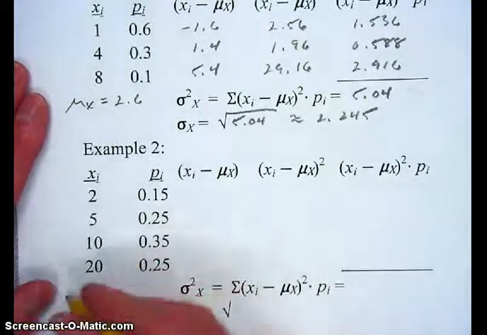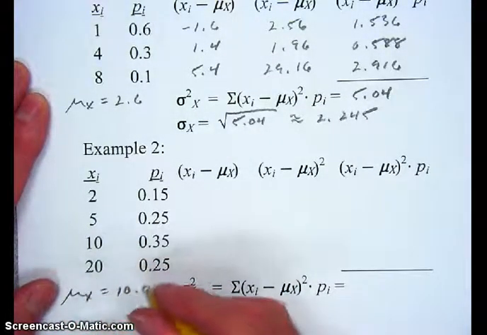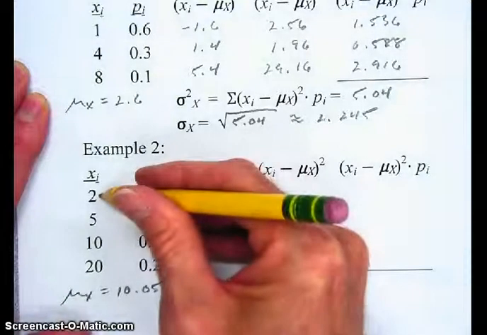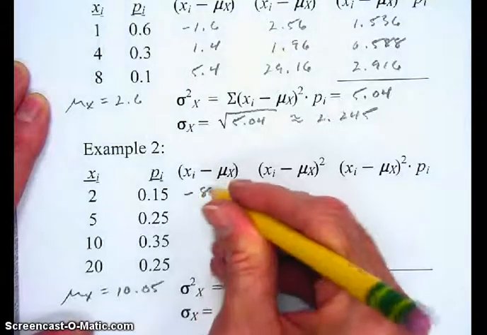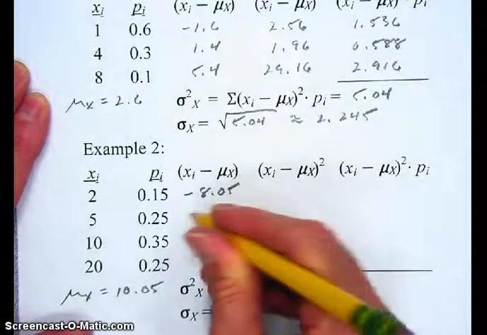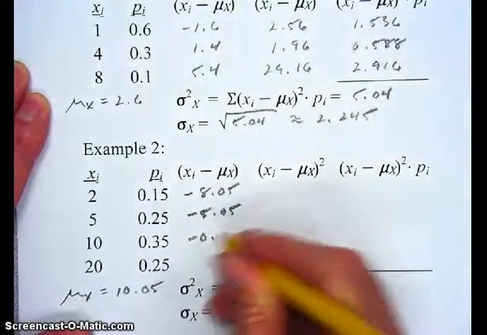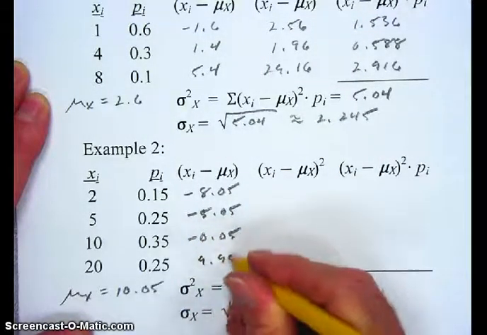We found that the mean in this case was 10.05. To find the deviations from the mean, we subtract 10.05 from each of these values, and we'll get negative 8.05, negative 5.05, negative 0.05, and 9.95.